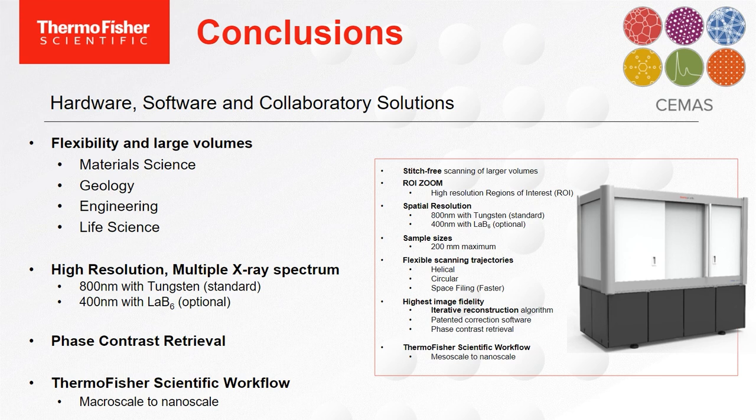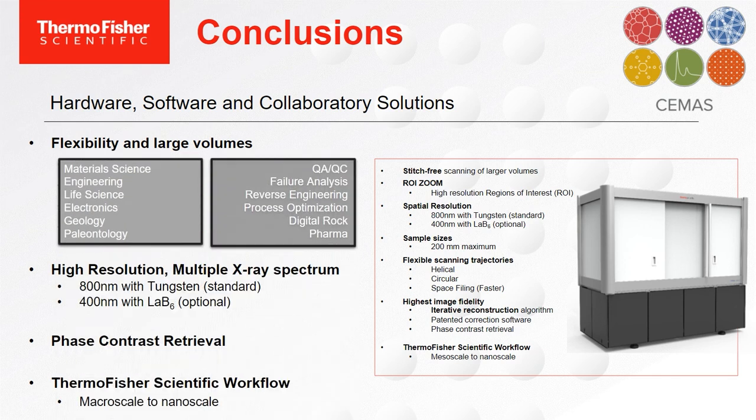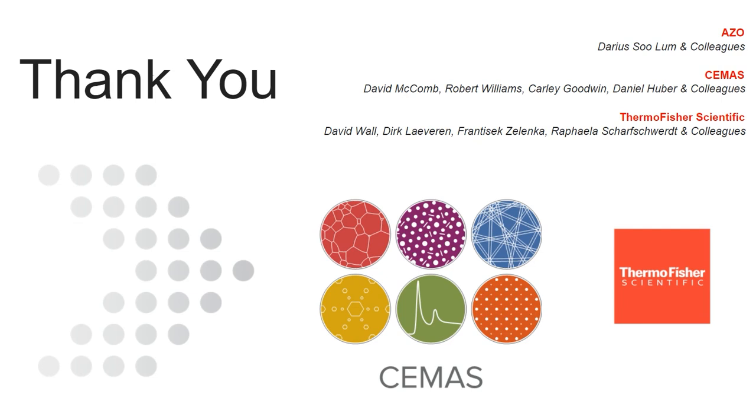And the HeliScan allows us to play in many different domains, from the material science and engineering domains to, of course, geology and electronics and life science, and then span into industry and do QA, QC or failure analysis and process optimization, all powered by the helical scanning and the high resolution from the Lab6 down to 400 nanometers and phase contrast when necessary, and also being able to leverage our Thermo Fisher Scientific workflow to get the true multi-scale information.